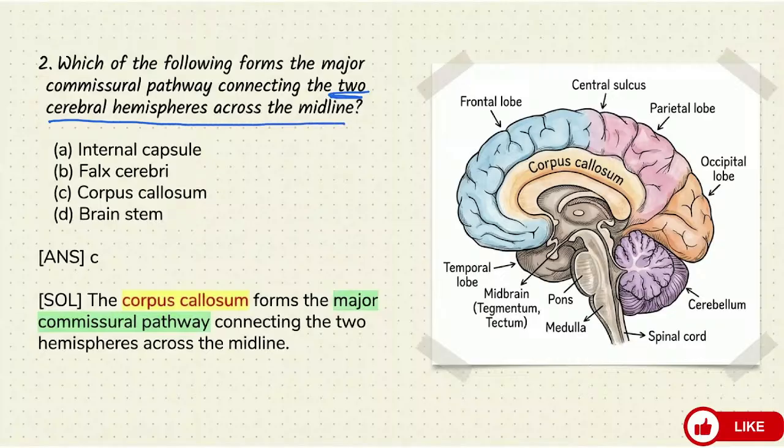Internal capsule, falx cerebri, corpus callosum, brainstem. It is the corpus callosum. The corpus callosum is a band of nerve fibers which connects both cerebral hemispheres, forming the major commissural pathway across the midline.